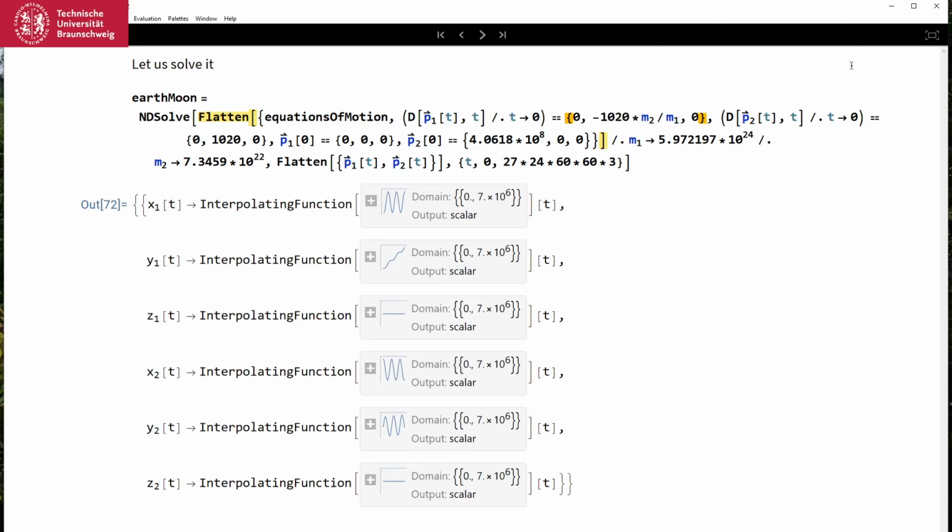If the moon has this momentum and the Earth has the opposite momentum, then the system has no momentum.